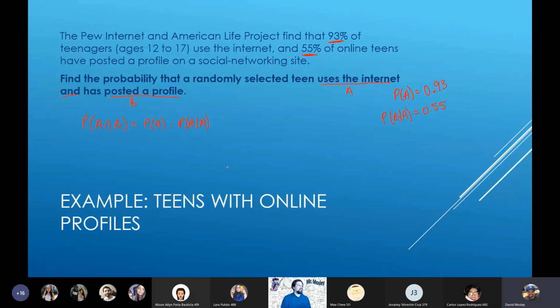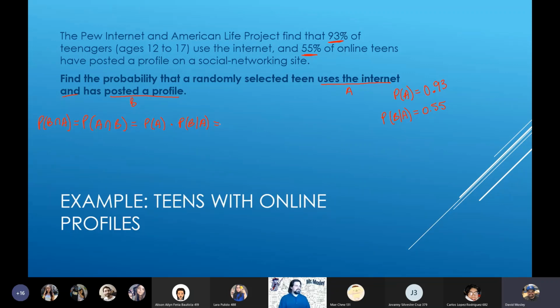We have those two numbers. The other thing to remember is that the probability of A and B is the same as the probability of B and A. Just because we switch B and A on either side of the and doesn't change what the value is. These are equivalent.